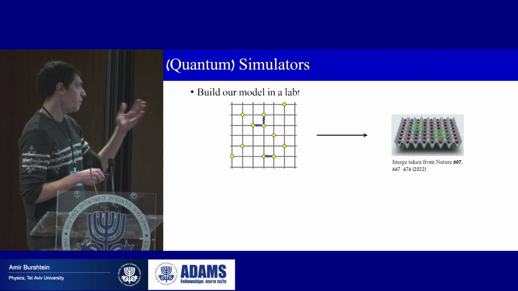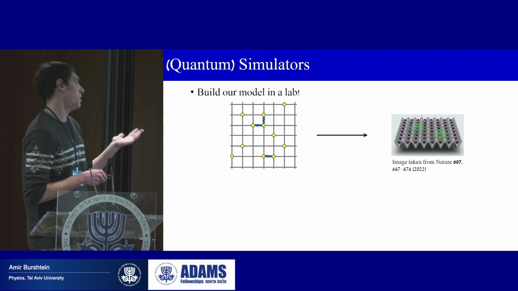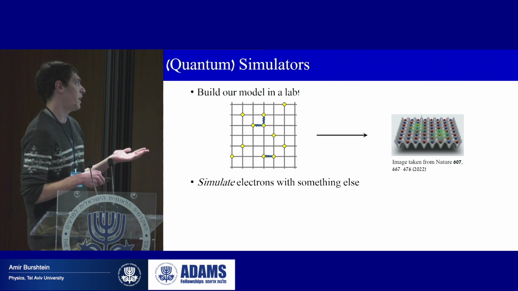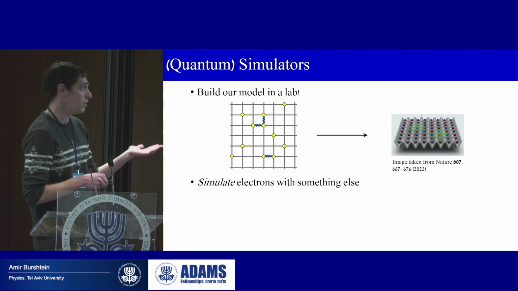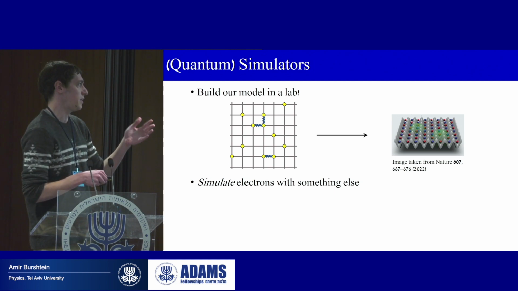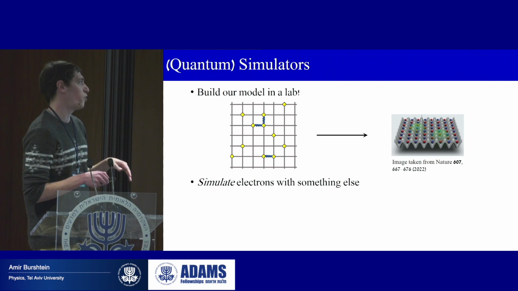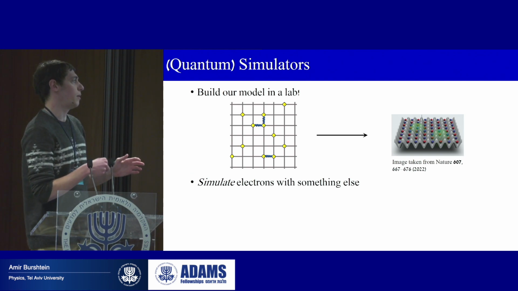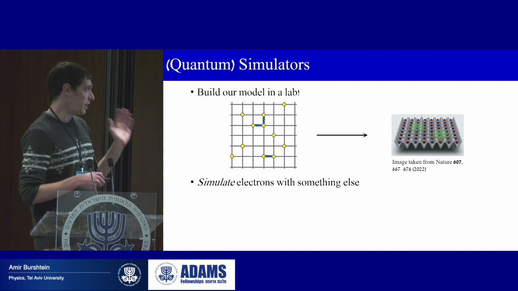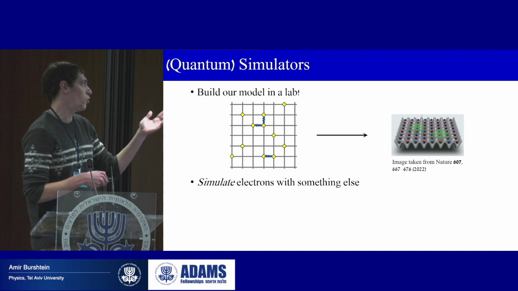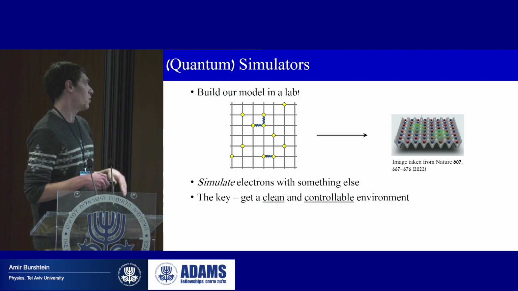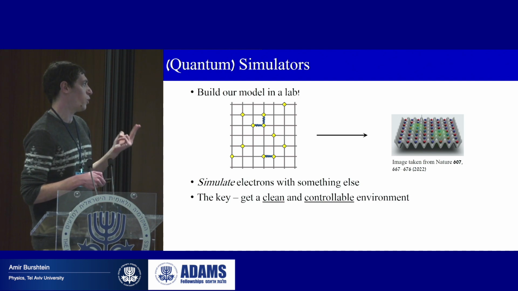We can try to simulate this model by taking something that is not electrons. It will play the role of electrons, but it will not be electrons. It will be something else, something synthetic that will behave like electrons in our model and be able to move around in some square lattice. There will be some interactions. And this will be a simulation of our simplified model. So we get two things out of this. First of all, we get a clean environment.